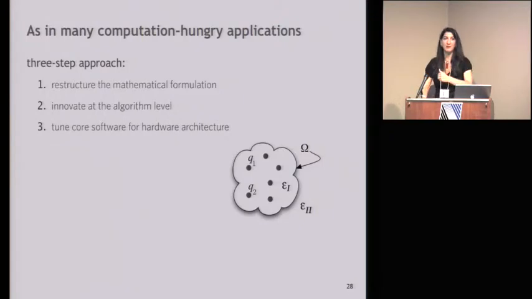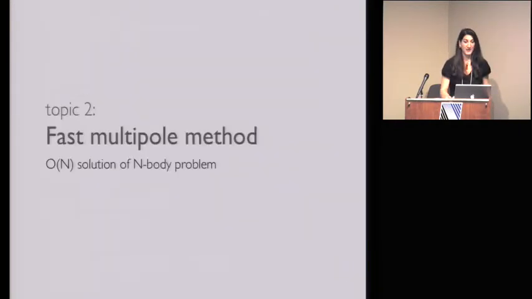We're going to use a fast algorithm and solve it at order n, or order n log n. And number three, tune the software for the hardware architecture and obtain the additional speedups that are possible from the GPUs. So this is a three-step approach that I think one can see in many other applications as providing an enabling sort of combination.